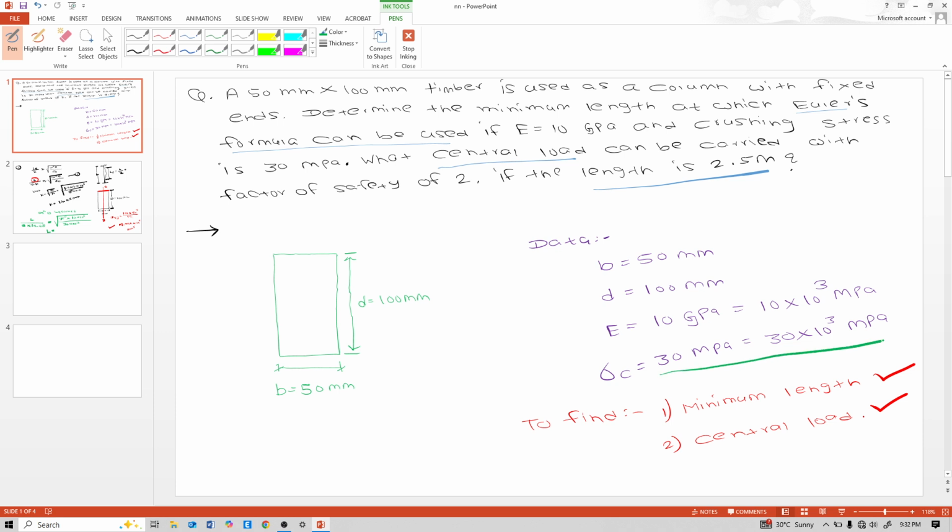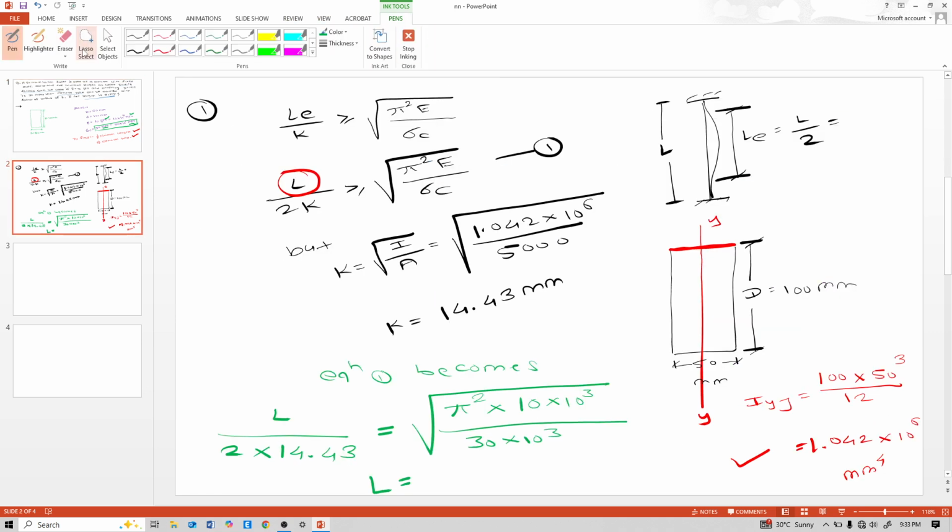This is a mistake. Never make this mistake. See how mistakes happen, and learn from mistakes. E is in GPa, and sigma C is in MPa. So this is only 30 MPa. Pi square into 10 into 10 raised to 3, divided by 30, into 2 into 14.43, it is 1655.33.